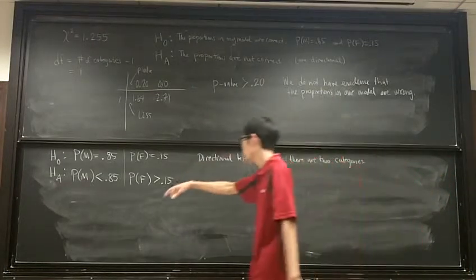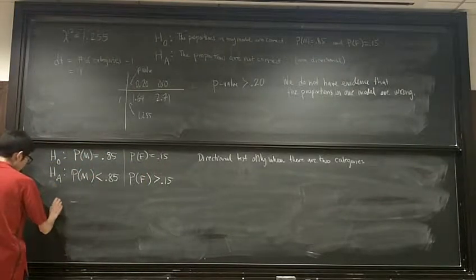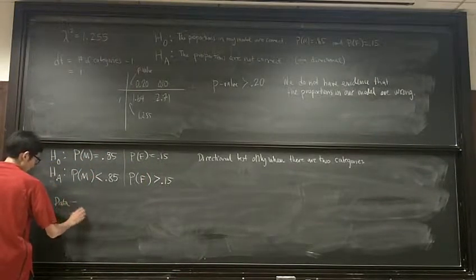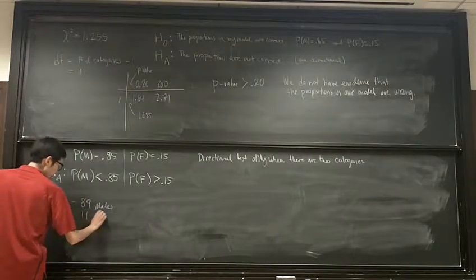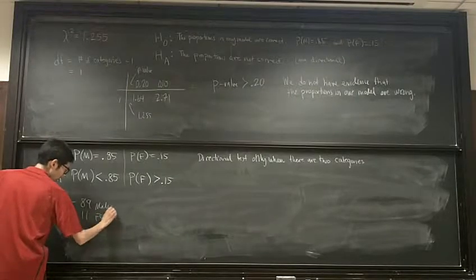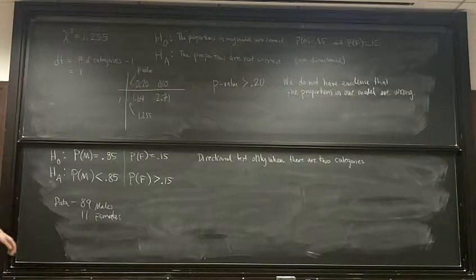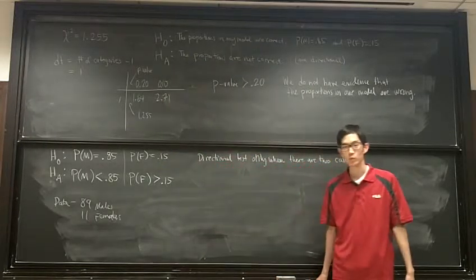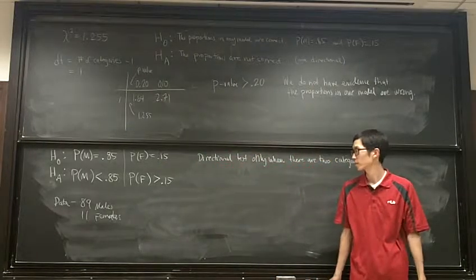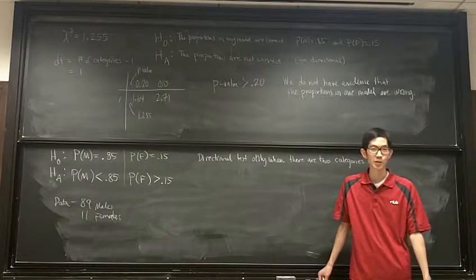Okay, so let's say this is our setup, and we went out and collected data, and our data shows 89 males and 11 females. So then what happens at this point? What happens when we check directionality?